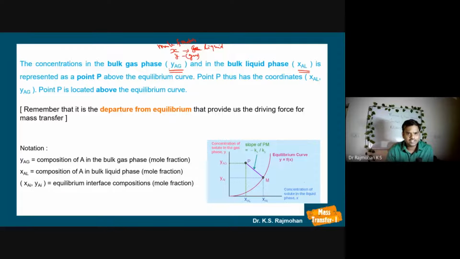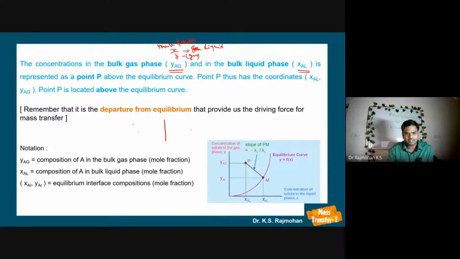So we have YAG, which is the bulk gas phase, and XAL, which is the bulk liquid phase, and we know the concentrations. It is always easy to know the concentration of solute A in the gas phase and in the liquid phase.